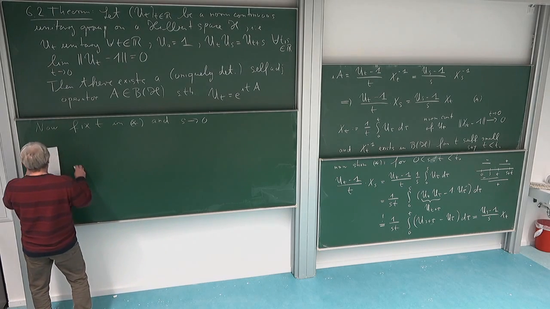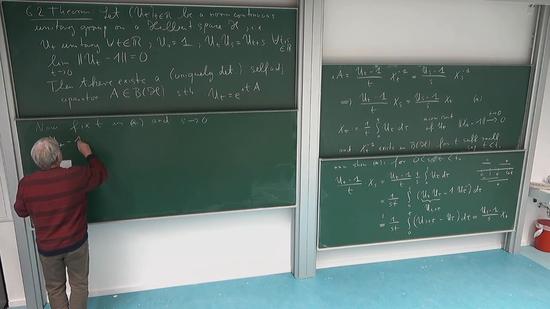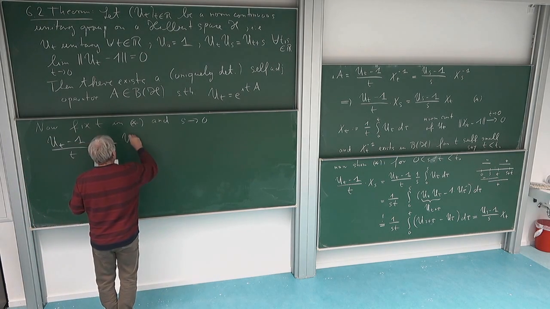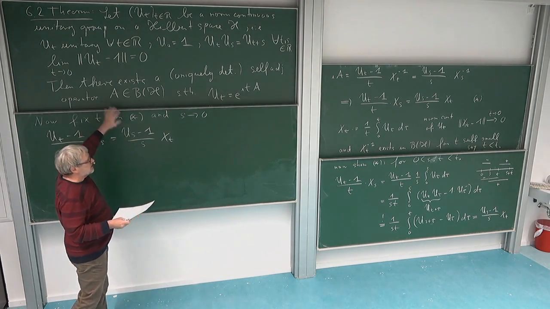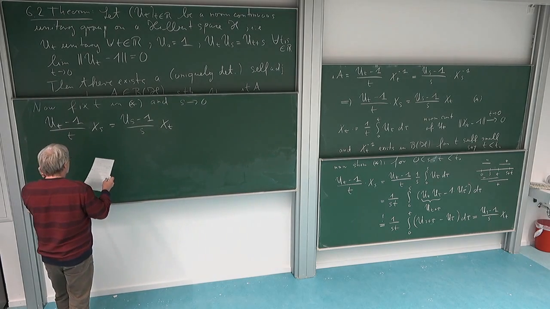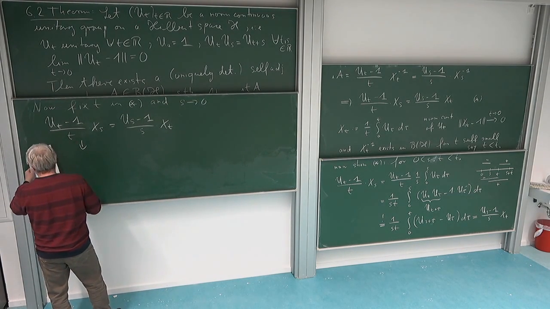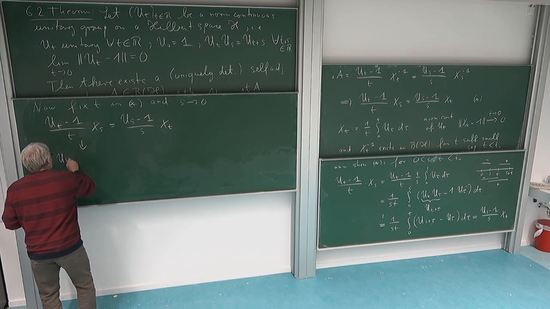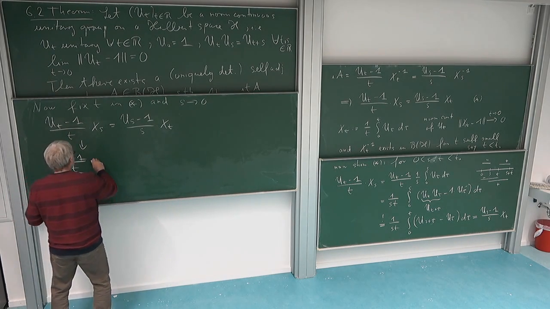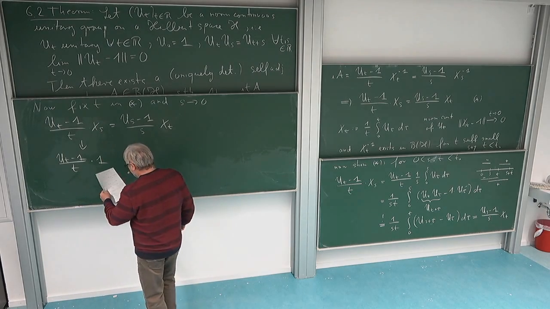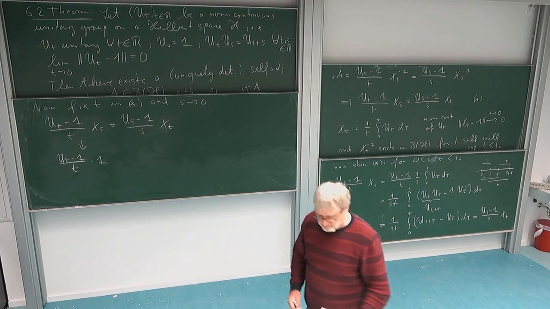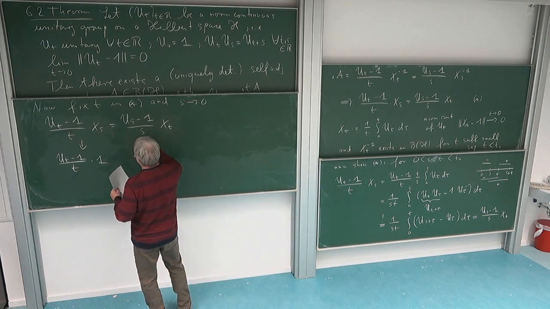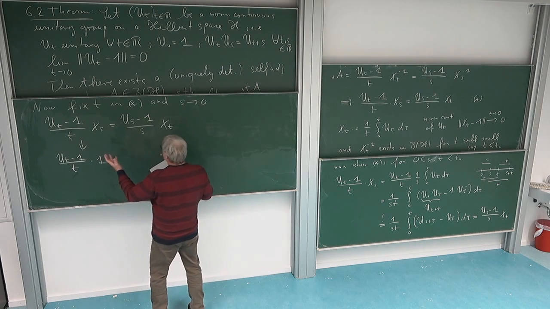So then I have, let me write it again, ut minus 1 divided by t times xs is the same as us minus 1 divided by s times xt. I just have written down again my equation, and now I'm sending s to 0, and this here converges then. Here nothing happens because this t is just fixed, divided by t, and this here goes to 1, and on the other side, this here then also has to have a limit.